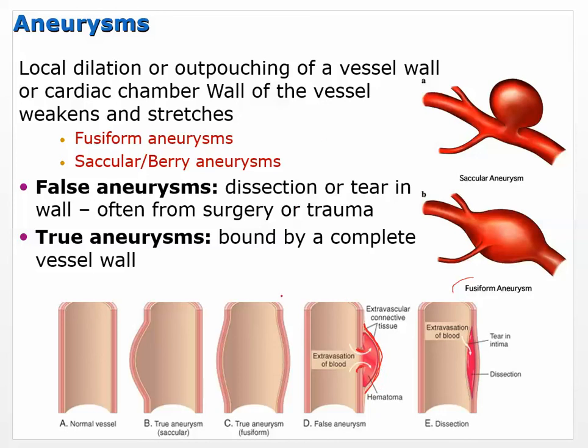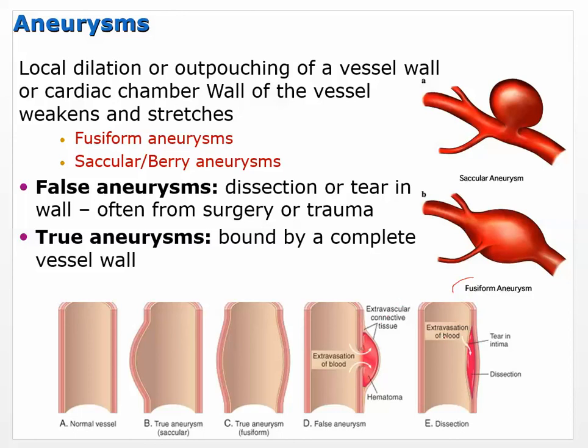The big difference is that with a true aneurysm, the vessel wall is complete, while with a false aneurysm, there's a break in the vessel wall, and that's what's causing it to push out. Maybe it's called false because it seems to be cheating, since it's broken through that inner membrane. False aneurysms are a lot of times more associated with a berry aneurysm, but it's not exclusive.